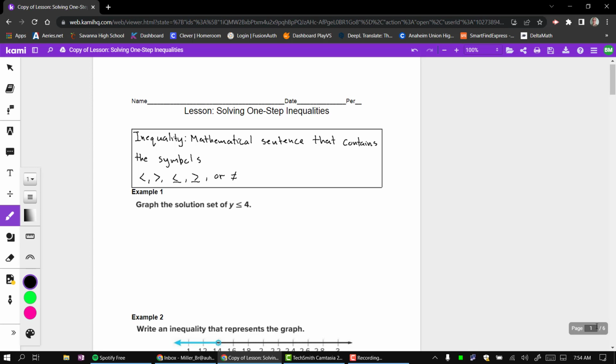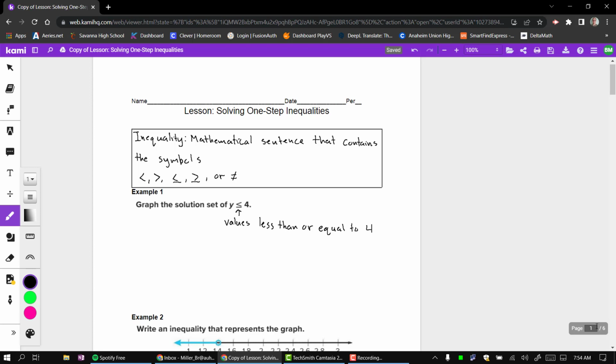So let's take a look at example 1. It says graph the solution set of y is less than or equal to 4. So we want to find values less than or equal to 4.